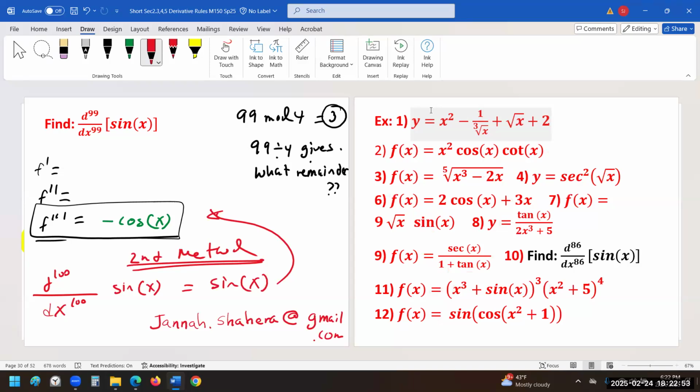And now it's like a power: power comes down, power minus one. This is the power rule for the chain rule. We have two functions, one is the power and one is the inside. The power rule says power comes down, power minus one. When you change the power, you cannot change the inside, so you leave the inside function the same, and you change the power. And then you multiply by the derivative of the inside.